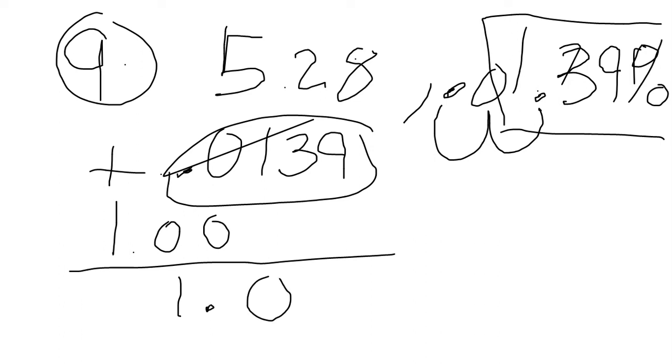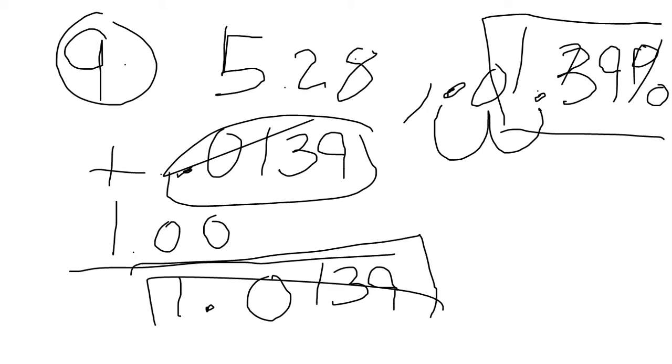When we do that, we'll end up with 1 and 139 ten-thousandths. So there we have our growth factor. We are increasing by 1.39%, which looks like this. Okay, now we'll move down to part B.